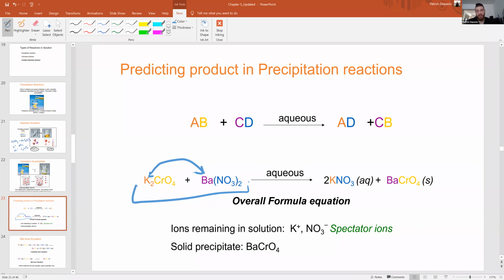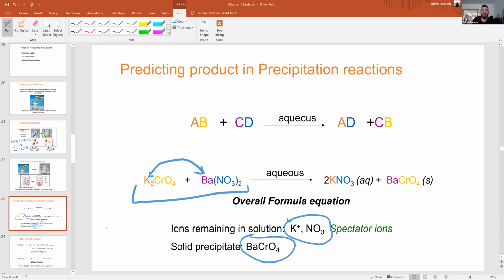And then you have to balance it, of course, but this is called the overall formula equation. And in the precipitate, you have your barium chromate, and then you have these things called spectator ions, which we'll talk about in a second. Basically, the ions that aren't reacting to create the precipitate.